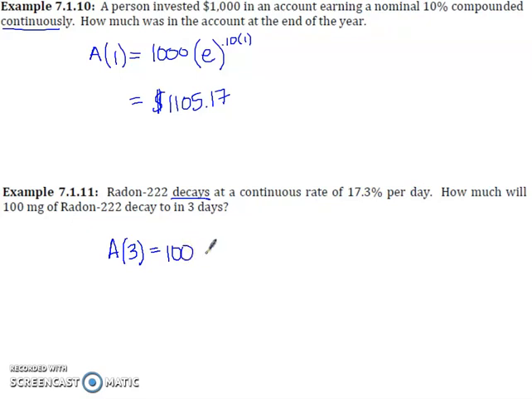We are decaying continuously, so I have e to the power of negative 0.173, or 17.3% as a decimal, and we're talking about a time of 3 days. Using my calculator to simplify, I see that we will have approximately 59.51 milligrams of radon remaining after those 3 days.